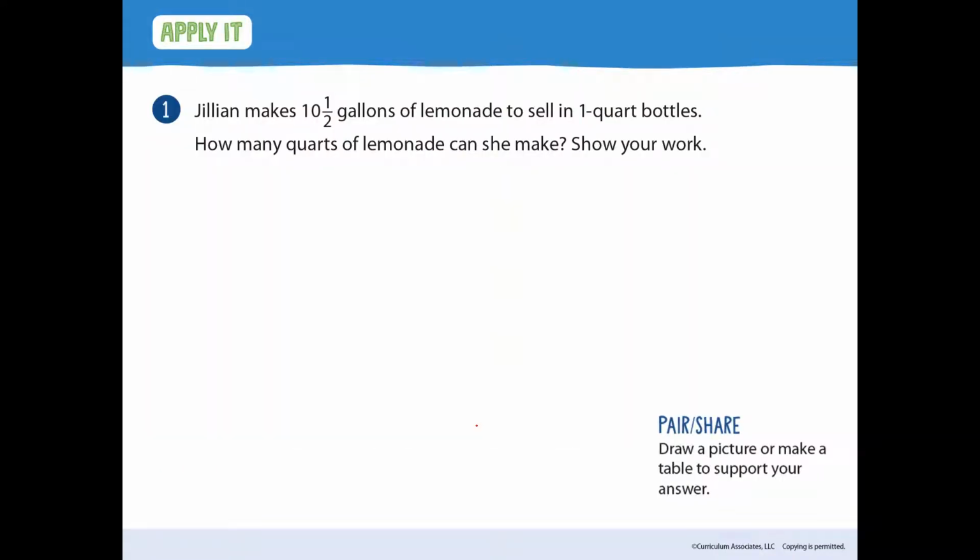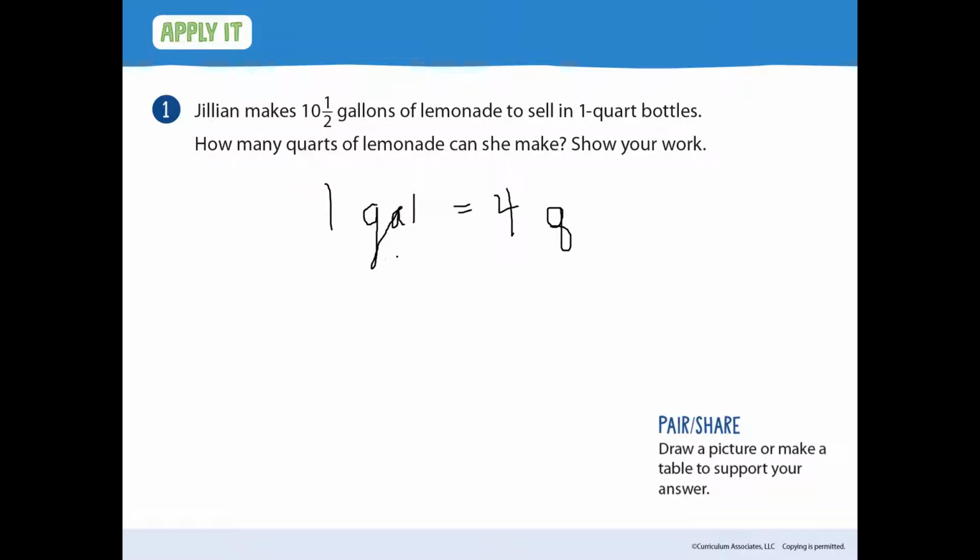Number 1. Jillian makes 10 1/2 gallons of lemonade to sell in 1-quart bottles. How many quarts of lemonade can she make? Show your work. I know that there are 4 quarts in a gallon. So 1 gallon equals 4 quarts.